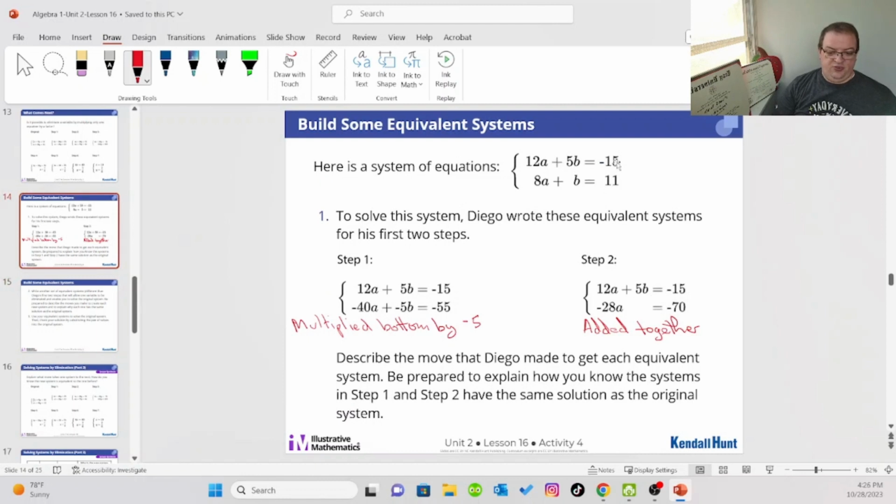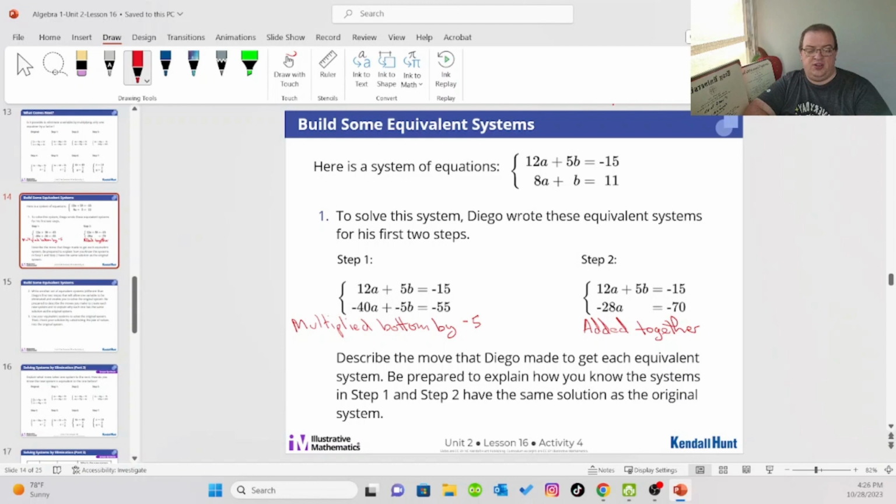So, if we have our original equations here, instead of multiplying by negative 5, we could have multiplied by positive 5 and subtracted.